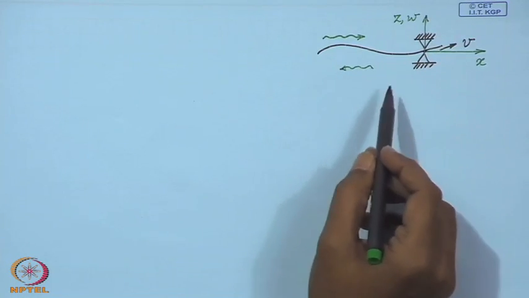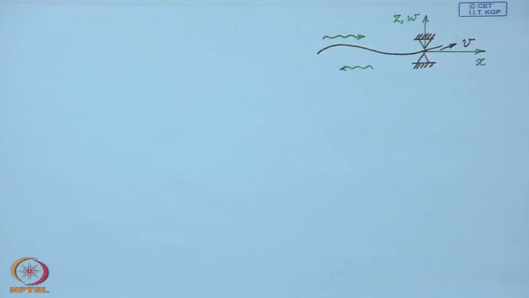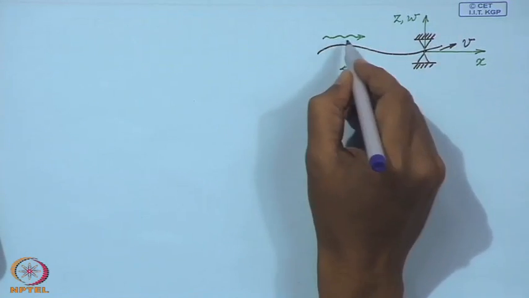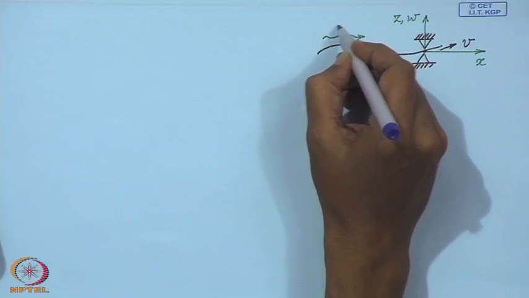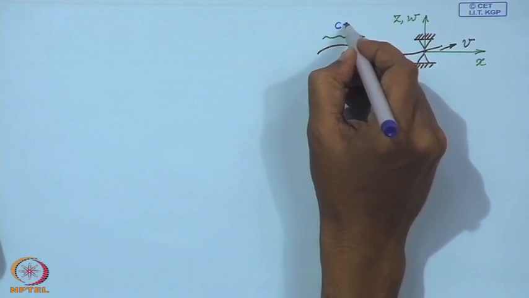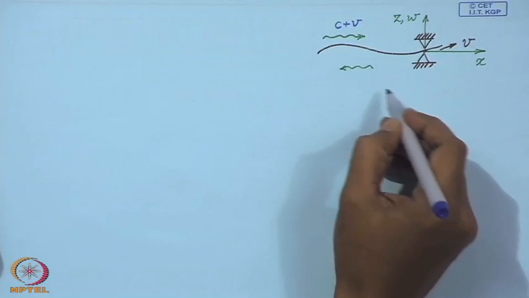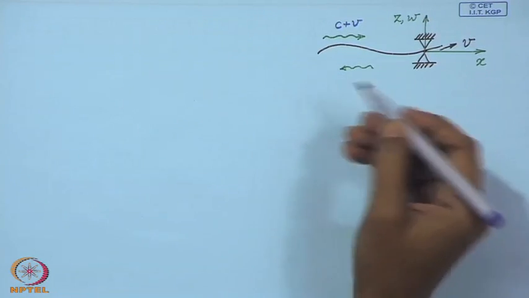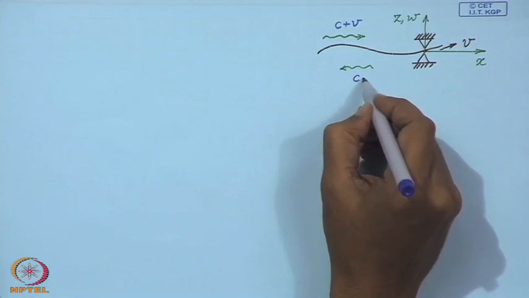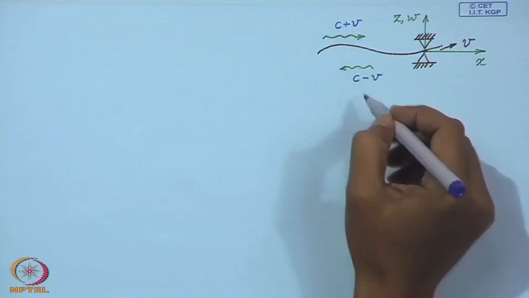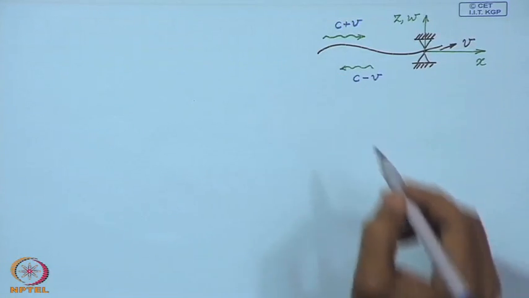So, what is the reflected wave? Now, as we have discussed just now, the speed of a positive travelling wave is c plus v. On the other hand, the speed of a negative propagating wave is c minus v. So, these are the phase speeds in the positive and the negative directions.